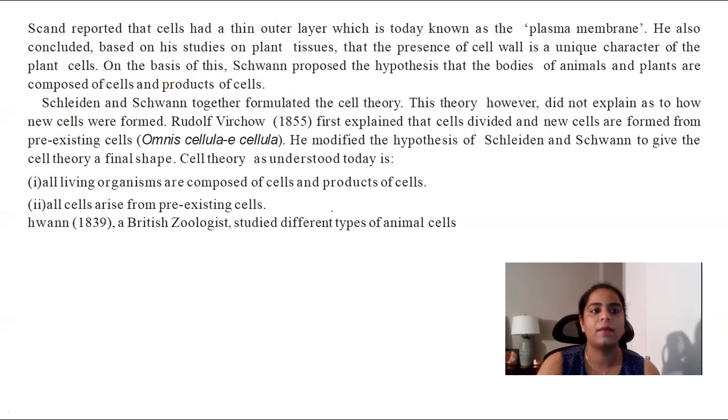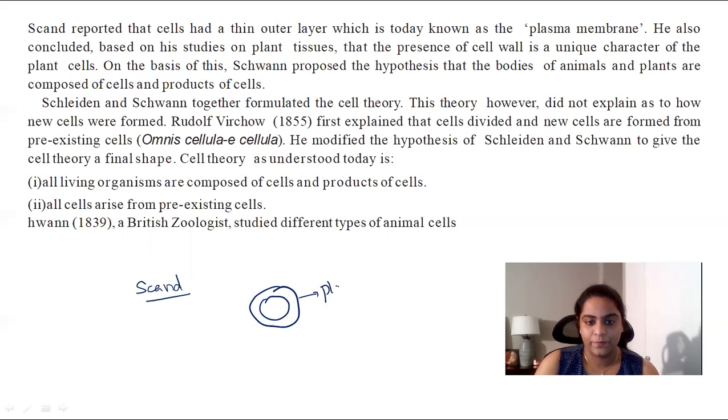At about the same time, Theodor Schwann, now there is another scientist called Schwann, reported that cells have an outer layer which is called as plasma membrane.